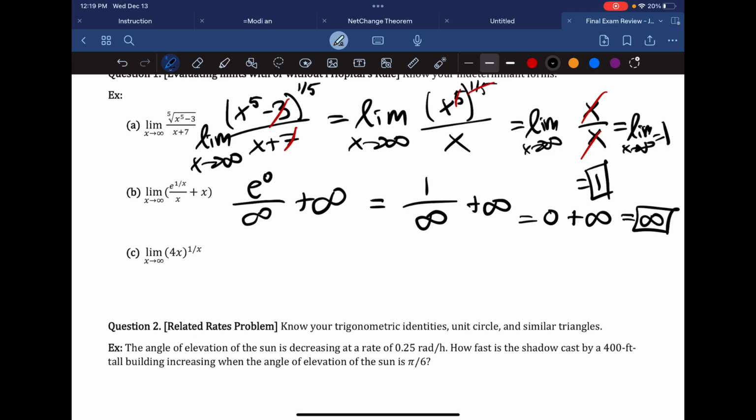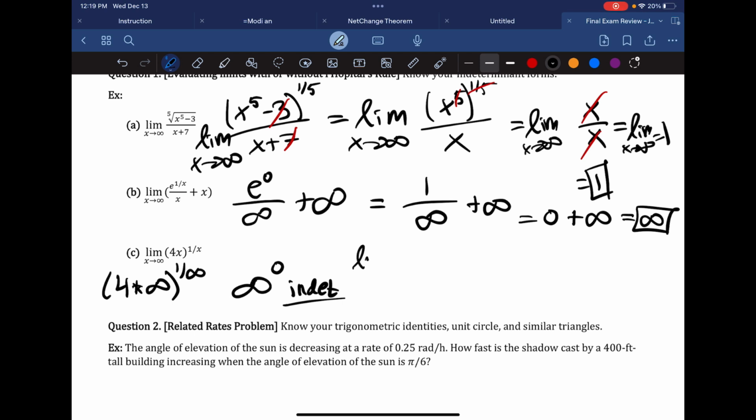Okay, but for C, it's probably not going to work, right? When we plug in infinity there, we get 4 times infinity to the 1 divided by infinity, and anything divided by infinity is 0, so it's going to be infinity to the 0, which is an indeterminate form. And so then we're going to do that ln thing.